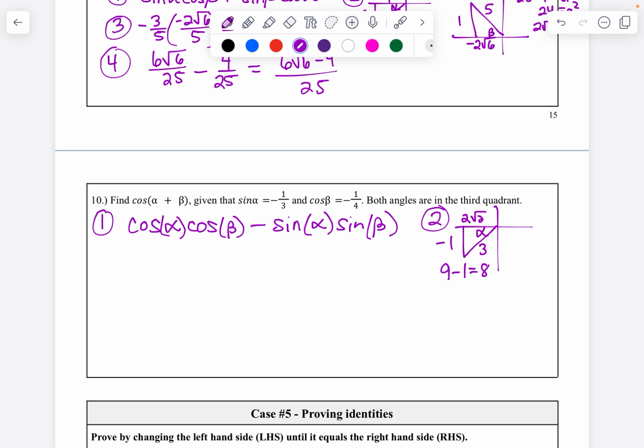So if we simplify that down, we'll get 2 times the square root of 2, and it's negative since we're there in quadrant 3. And so if we do this one, beta cosine is negative 1/4, so 16 minus the 1 would give us 15. So this will be the square root of 15. Again, I'm just using Pythagorean theorem and then simplifying my radicals there.